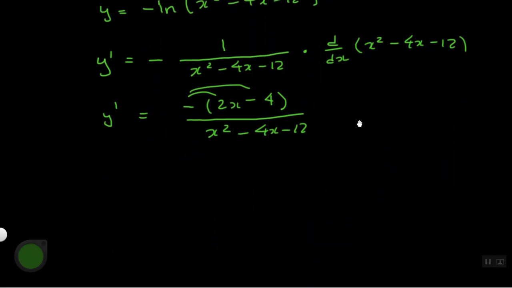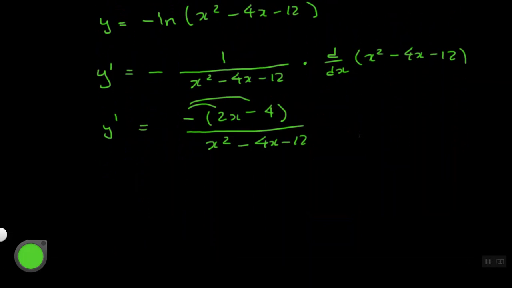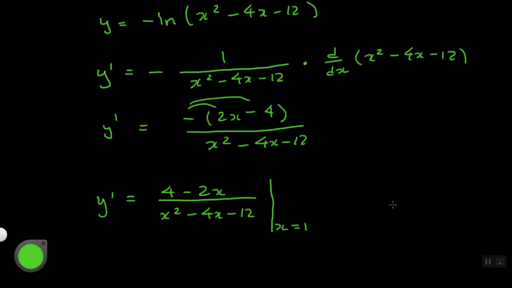Then we have to finish this off by evaluating this function as well. So let's do one more rewrite, treading carefully with that negative. This will be 4 minus 2x all over that quadratic, x squared minus 4x minus 12, and then we can evaluate that at x equals 1 as asked.